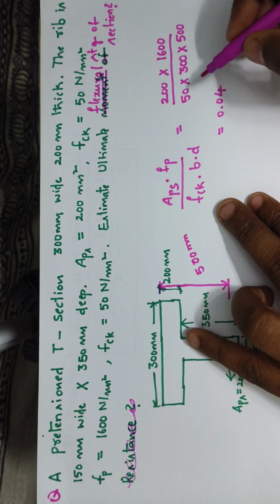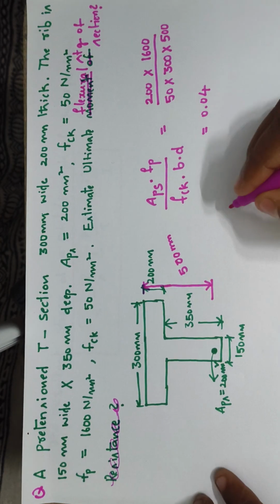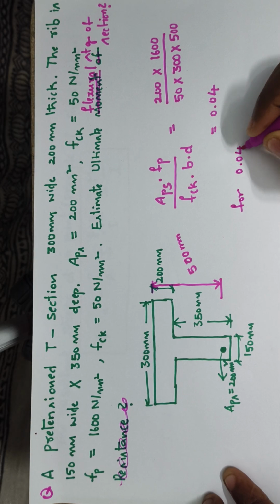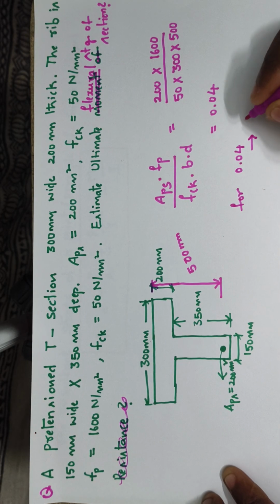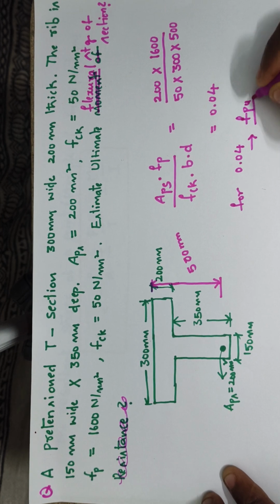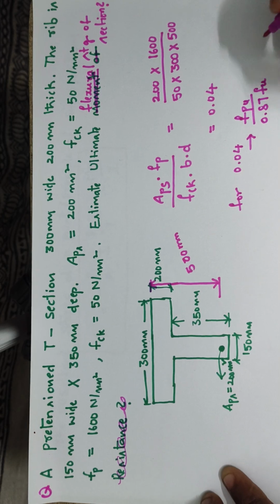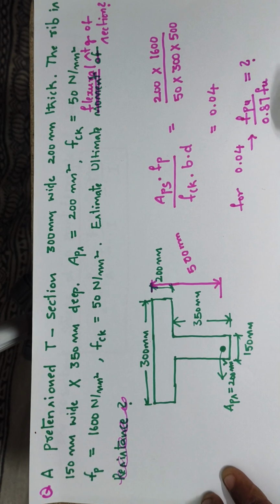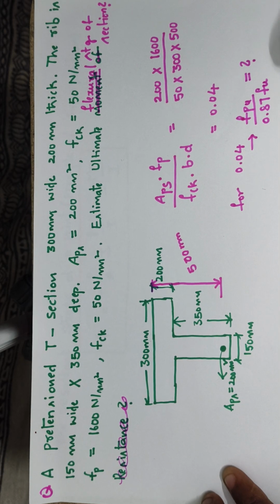Value of this term is 0.04. For 0.04, we need to determine FPU by 0.87 FP value, and at the same time we need to determine XU by D value.